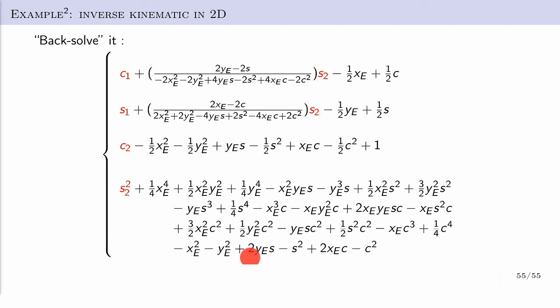This is this formula. We just plug in these parameters, and we get the solution, we get the angles. So this can be implemented into some microcontroller of a robot, and it works. So this is an explicit example of how we can use Grobner bases in applications.